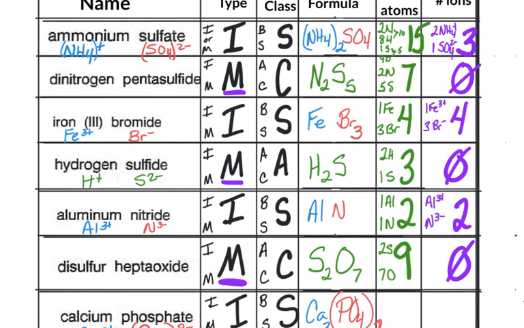And that tells us the number of atoms are 3 calciums plus 2 phosphorus plus 8 oxygens for a total of 13 atoms. And the number of ions is 3 calciums and 2 phosphates for a total of 5 ions. Hopefully you did that well and can practice that in the exercises.